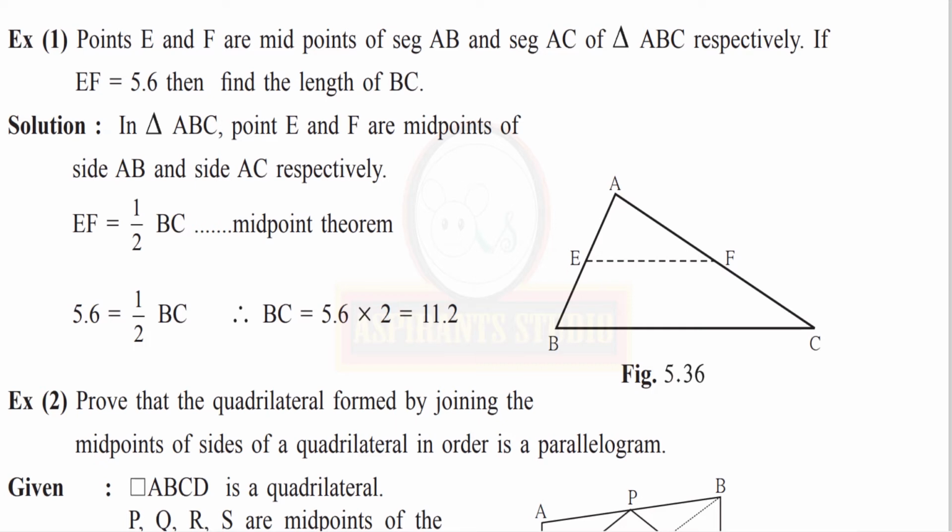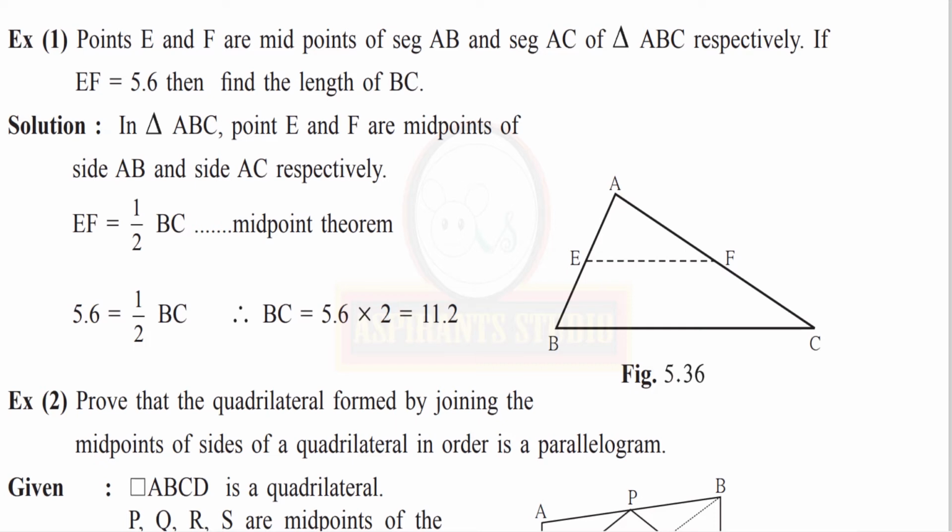So EF is the segment joining the midpoints of sides AB and AC, so it is half of the third side, half of BC. BC is the third side here. So EF is equal to half of BC. The reason is the midpoint theorem.